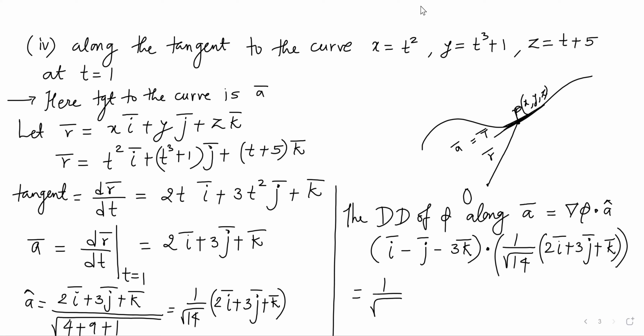You can take out that 1 by root 14 outside, then multiply the coefficients of i bar, j bar and k bar and add. So it is 2, then minus 3, minus 3, so it is minus 4 by root 14. The answer is going to be minus 4 by root 14.